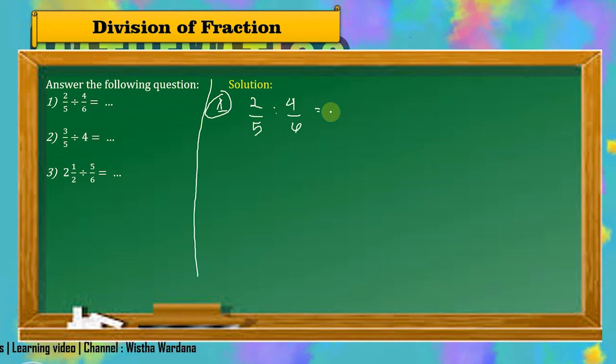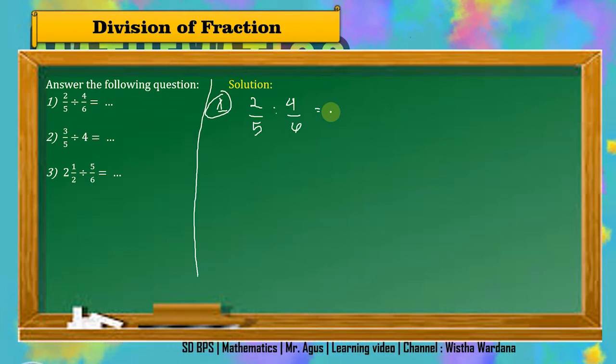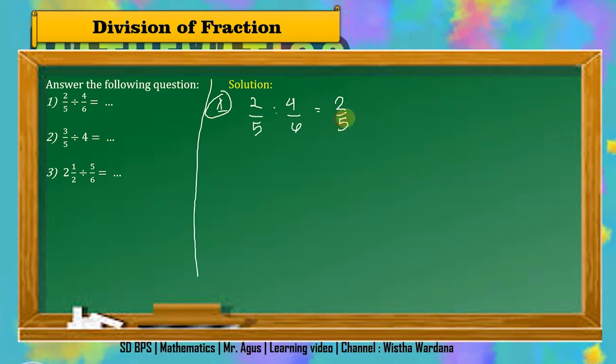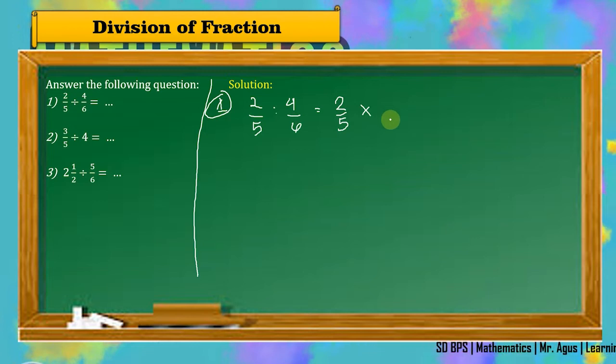In division problems, you have to count carefully because there is an important thing here. Before you find the answer, you have to change the division sign into a multiplication sign. So the first fraction is still 2/5. The division sign becomes a multiplication sign, and the second fraction becomes 6/4.